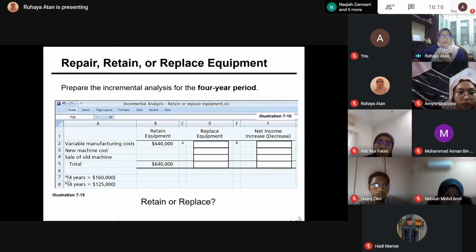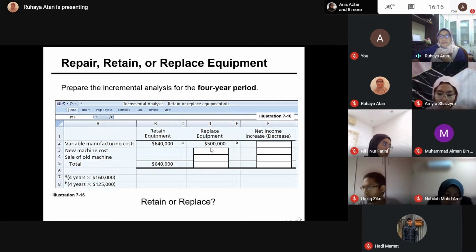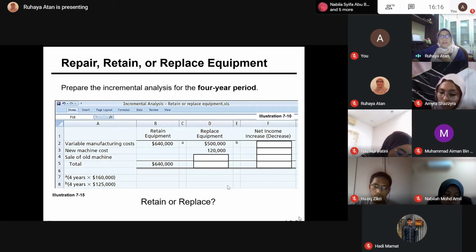That means 4 years times 160 variable manufacturing costs for the old machine. But if you were to replace the machine, then you can save some of the variable manufacturing costs, which is 125,000 per year, times 4 years. So you get 500,000. And you have to pay for the machine, of course.